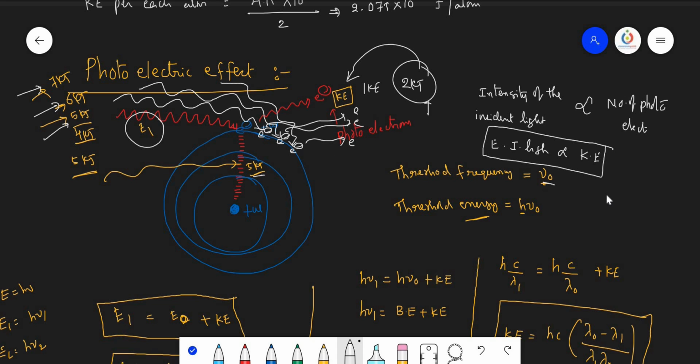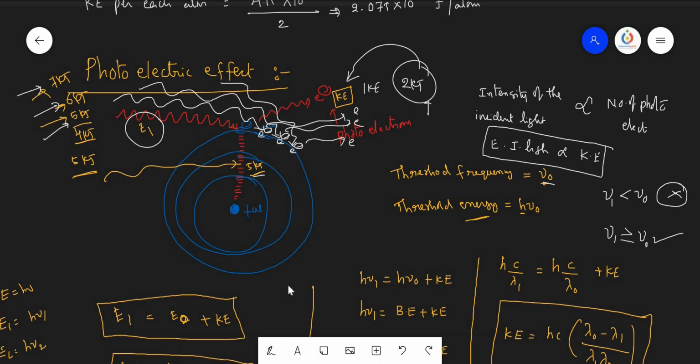So the photoelectric effect cannot be observed where the frequency of the incident radiation is less than the threshold frequency. We can see the photoelectric effect only where the frequency of the incident radiation is either greater than or equal to the threshold frequency. Only in this condition can we see the photoelectric effect. Here we cannot observe it.